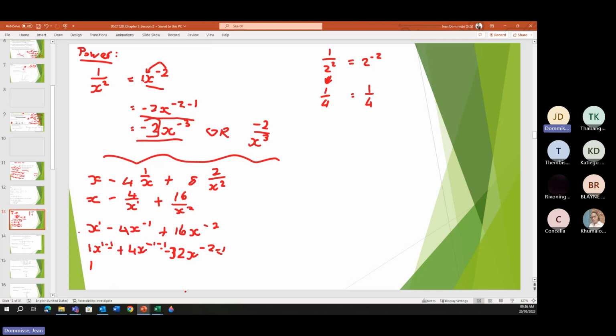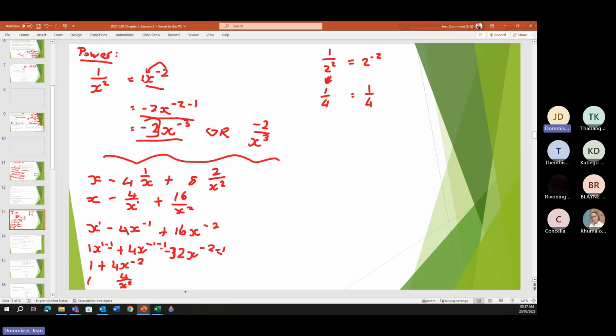So for that first one, if we differentiate that one, actually we've got 1. Then we've got 4x to the power of minus 2.